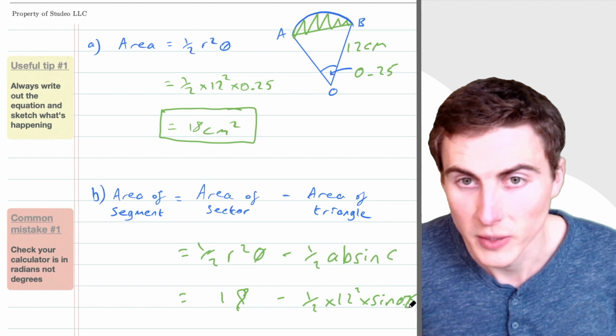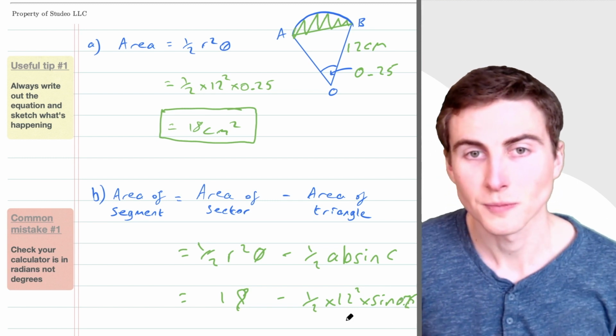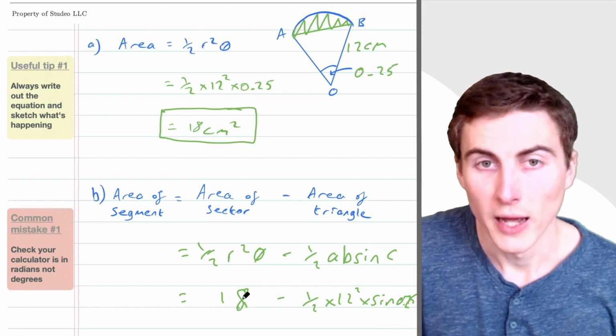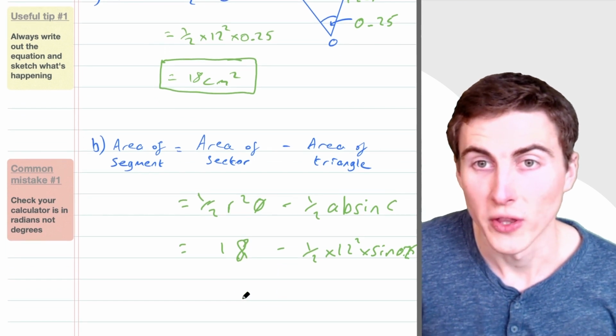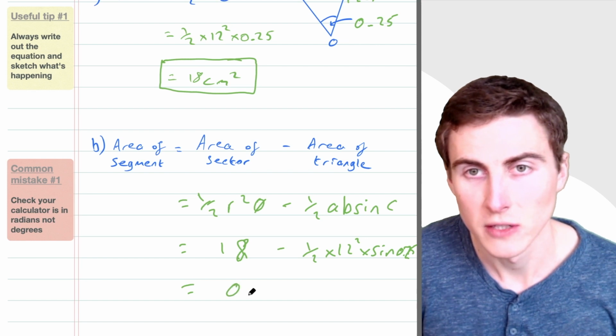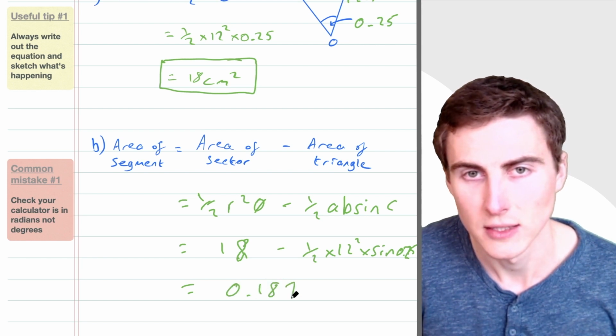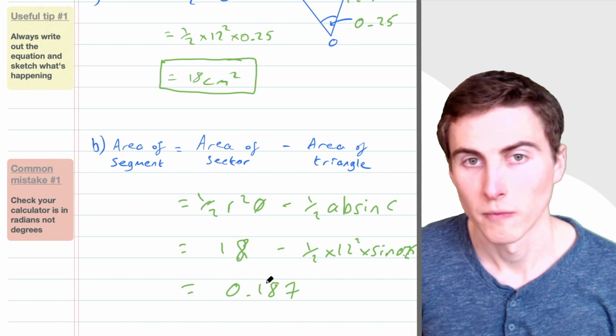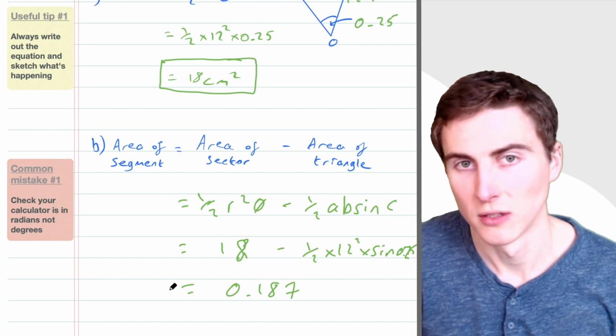Sorry, there's not quite enough space there to write. If we put all that in the calculator, 18 minus all of that, that gives us 0.187.